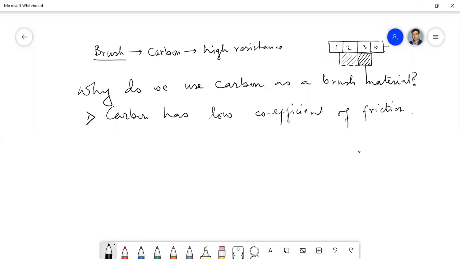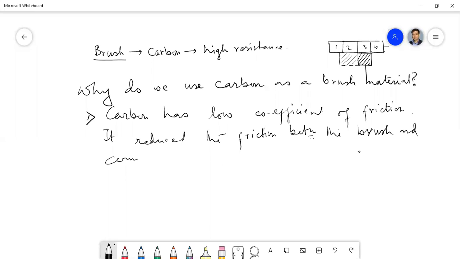Okay, so that means what it does, it reduces the friction between the brush and commutator surface, isn't it? So that is the first point you have mentioned.